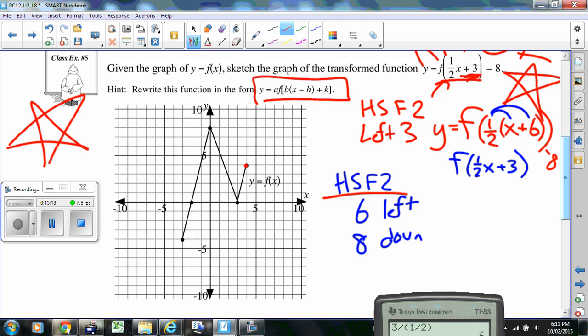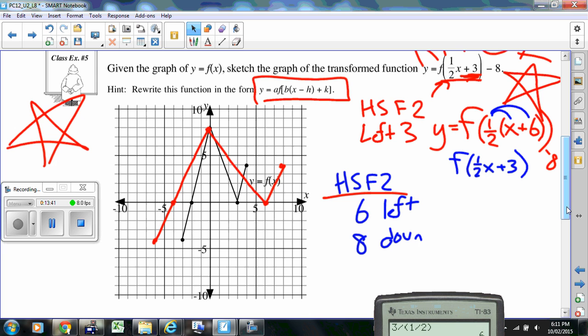So this point here that's at 4 is suddenly going to be at 8. 3 becomes 6. That's that point. -4, -6. So there's my stretched version.